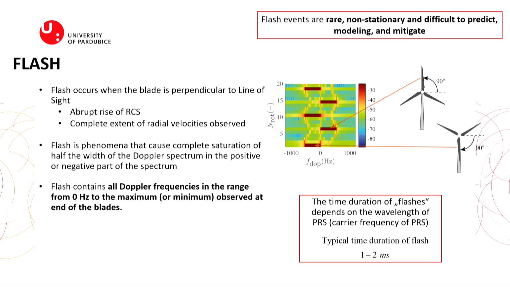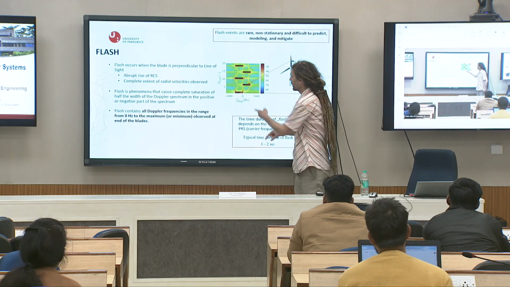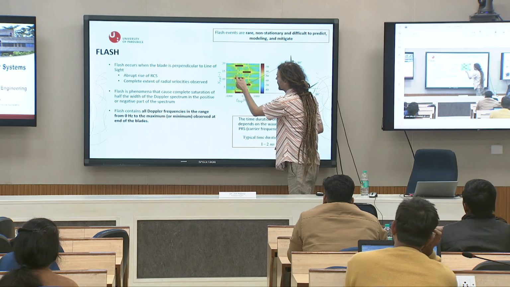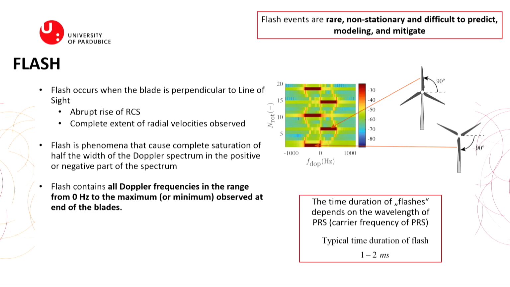And a few words about flashes. Do you see this? There is still a sine wave. Did you see it? Three different sine waves. And the typical time duration of a flash is 1-2 milliseconds. During this period, all reflections are in phase, and you just see the full spectrum.